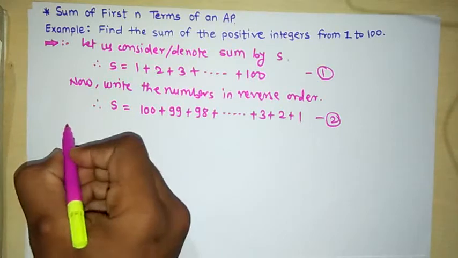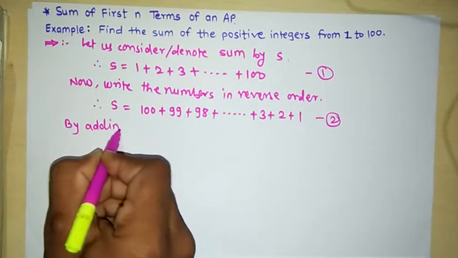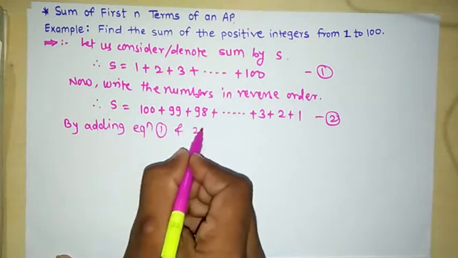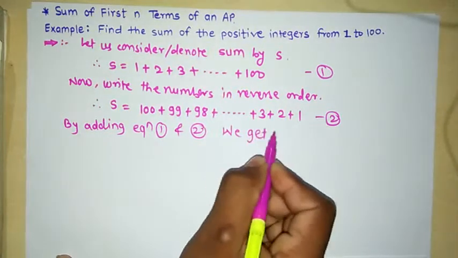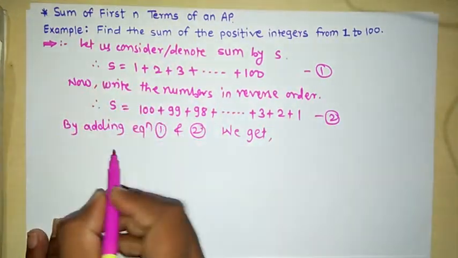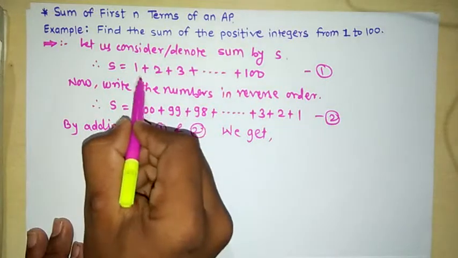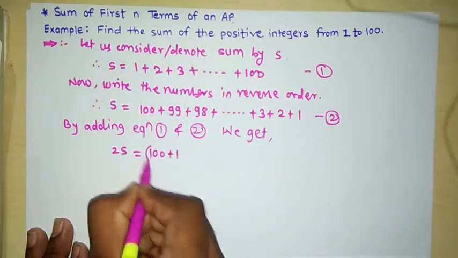Now by adding equation 1 and 2, let us see what we will get. S plus S is equal to 2S, which is equal to 100 plus 1 as it is.